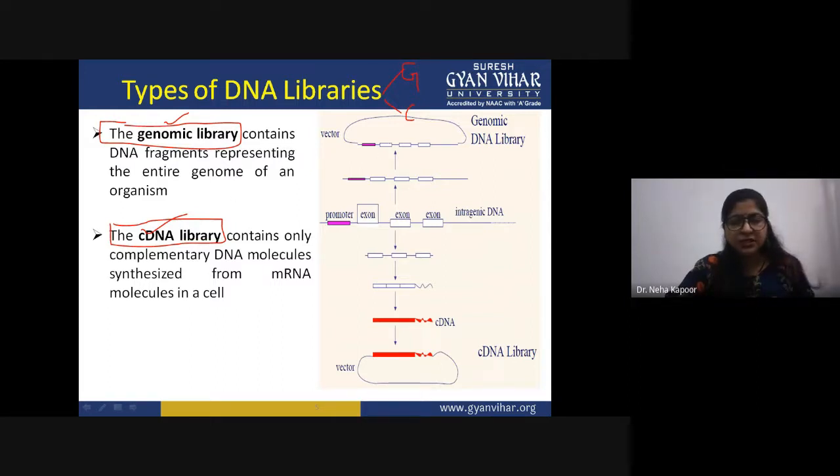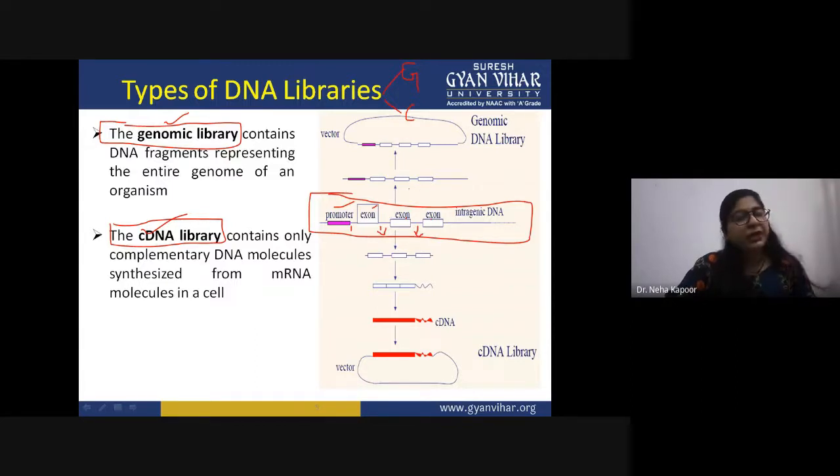So this is a genomic DNA library. As you can see, we have to clone the different DNA fragments, whether exon or intron. Here, this is a promoter sequence. This is exon, the main boxes, and the mid ones are the intronic parts, the intergenic sequences between these two exons.